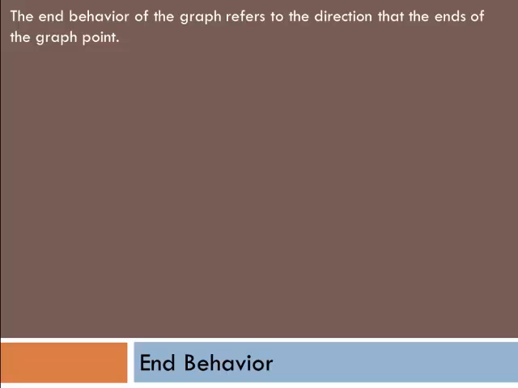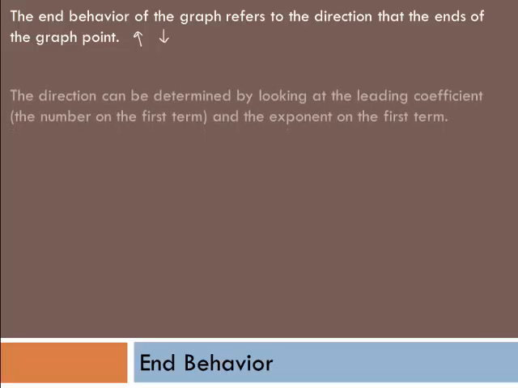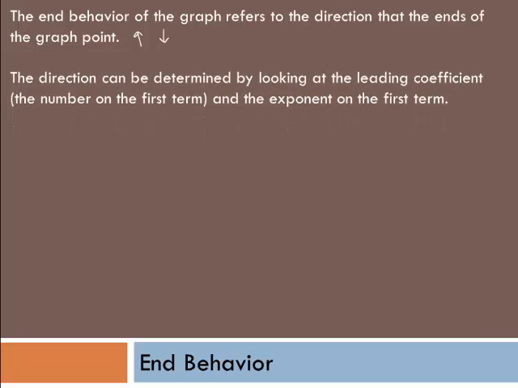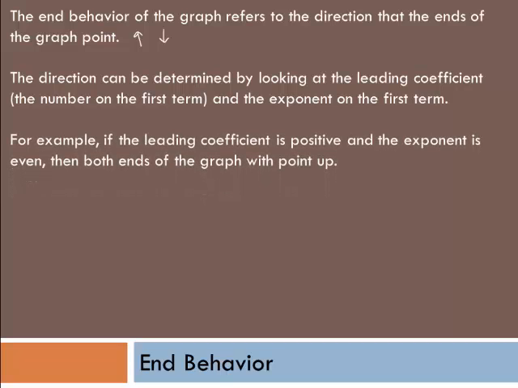Now the other thing we need to know about our function before we can graph it is what the end behavior looks like. And the end behavior of the graph refers to the direction that the ends of the graph point, up or down. The direction can be determined by looking at the leading coefficient, which is the number on the first term, and the exponent. For example, if the leading coefficient is positive and the exponent is even, then both ends of the graph will point up.